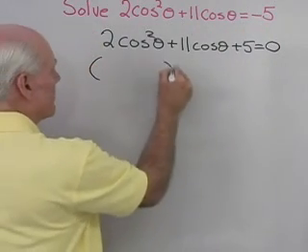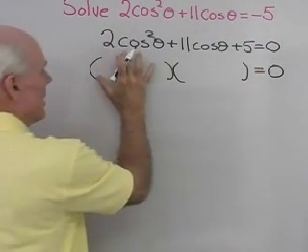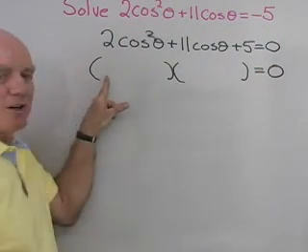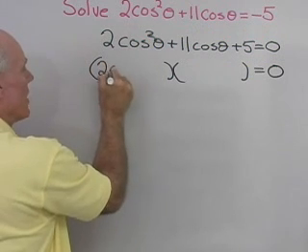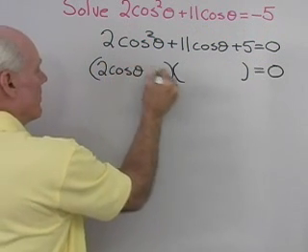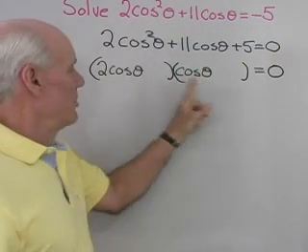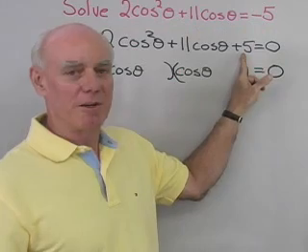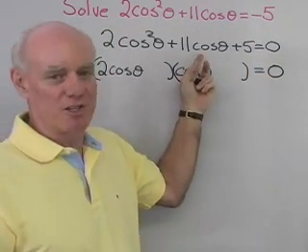Now let's see if we can factor this. I hope it factors. If it does, these first two terms, when I multiply them, I'll get 2 cosine squared. So how about 2 cosine theta and just cosine theta? Now the two numbers that I put here have to multiply and give me 5, and then when I multiply inside and outside I have to get 11 cosine theta.